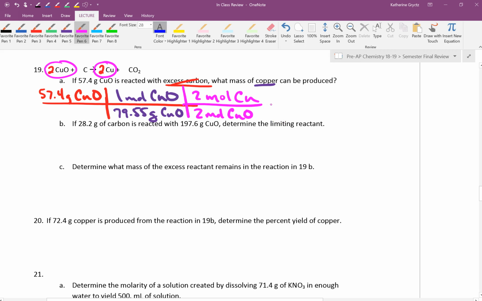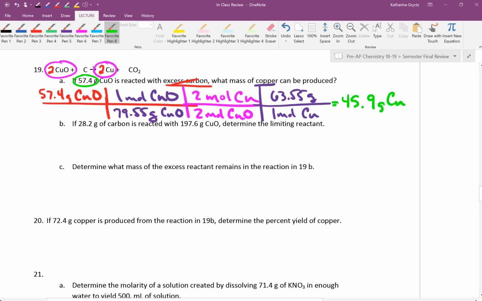It asks us to go back to mass, so we have to keep going. And 1 mole of copper, 63.55 grams. And then we can calculate. Alright, we're going to do sig figs with the number given in the problem. So 45.9 grams of copper. And that's our answer.